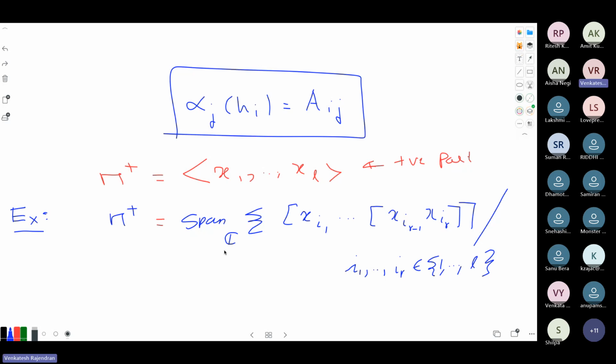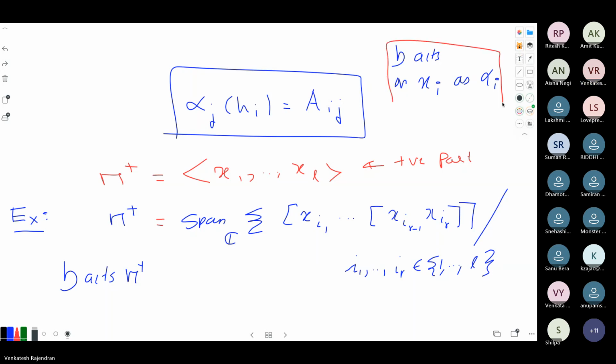But note that H acts on n plus, because H acts on each generator as alpha i. So H acts on xi as alpha i. This is how you should think. The abelian algebra underlying it and its action is actually very, very important. So you can also just define n plus.